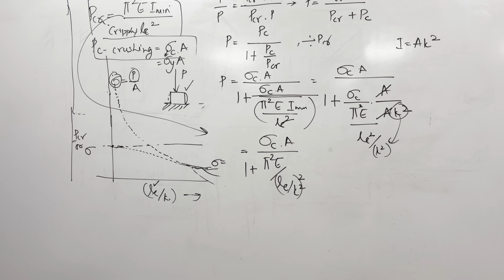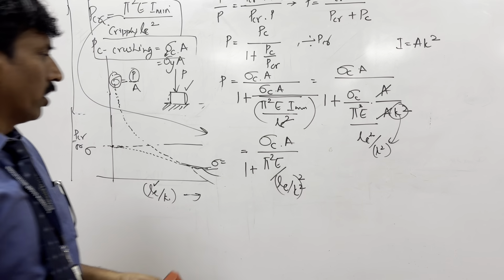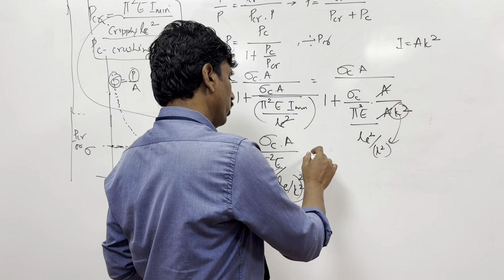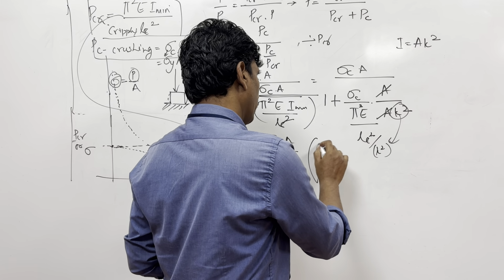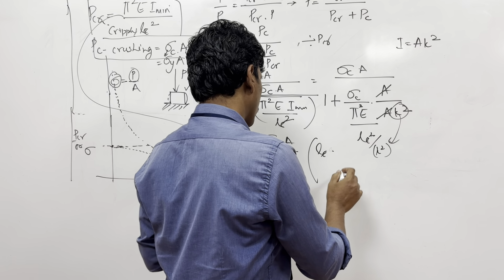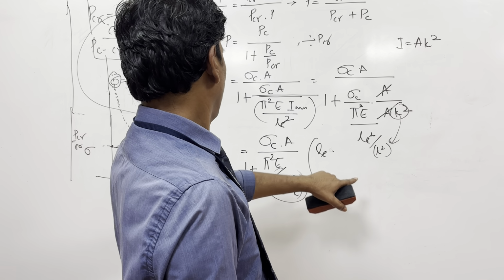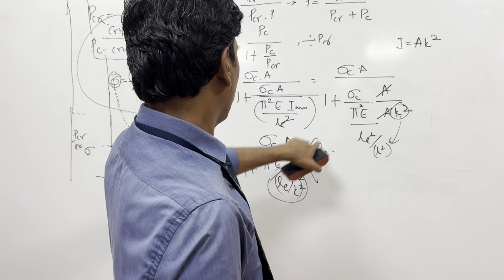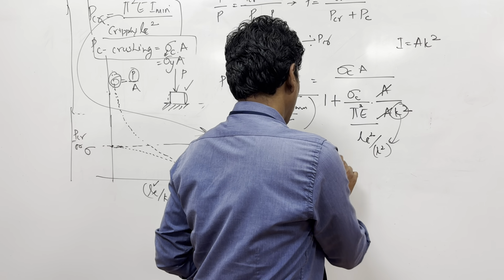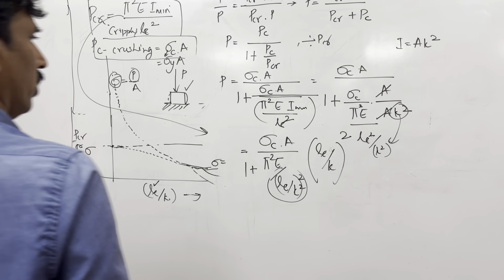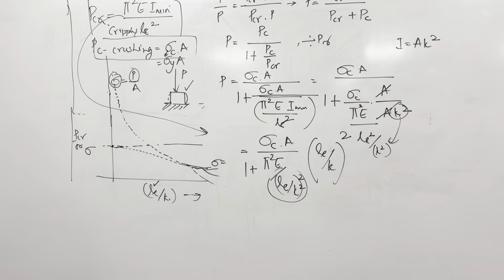Yes. So you can bring this above here, then it becomes LE by K whole square. So can you invert this? Yes, sir. It's already LE by K square. Okay, and finally write this equation as it is.